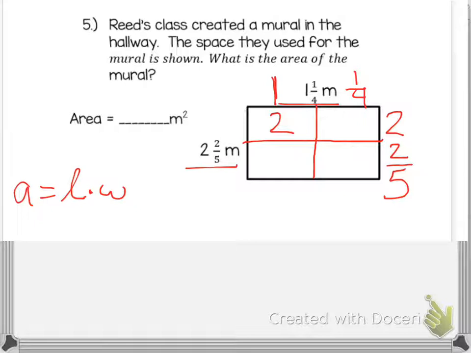1 times 2 is 2. 2 times 1/4 is 2/4. So now 2/5. So now we do 1 times 2/5 is 2/5.